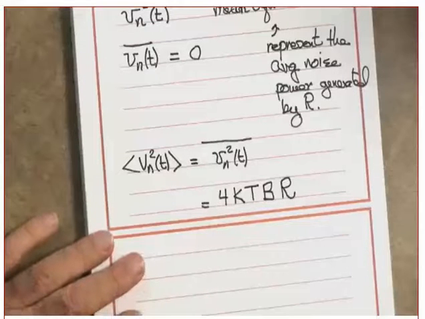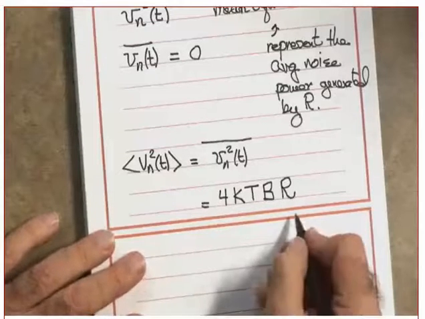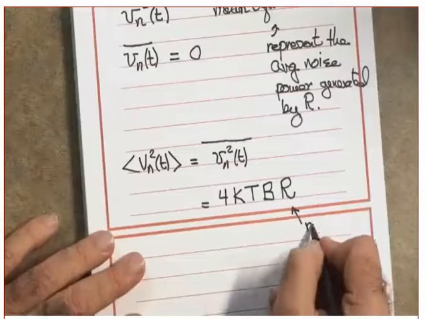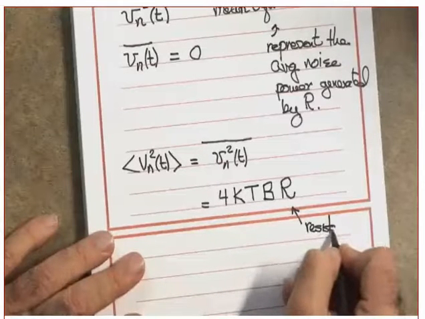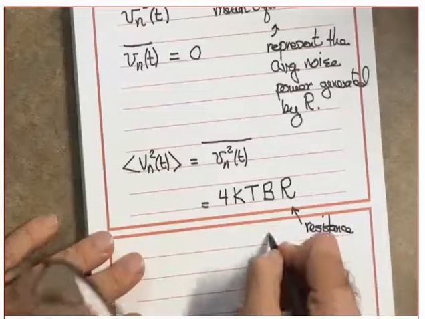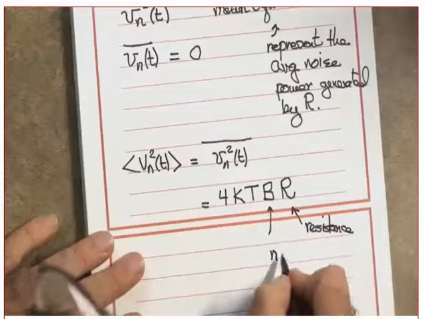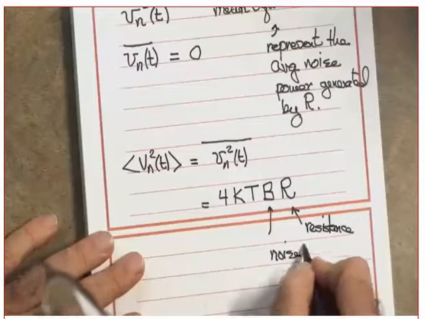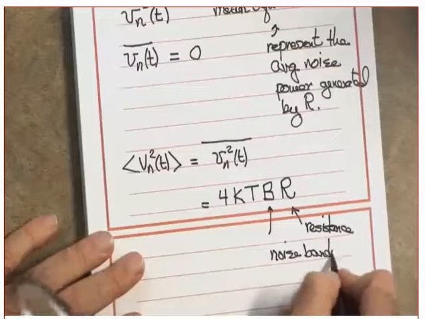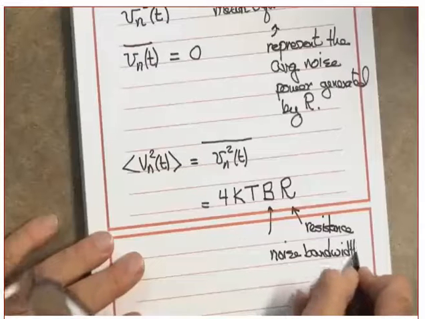I need to explain what this is all about. First of all, R is the resistance. B is what is known as the noise bandwidth. I will explain this one in just a second.